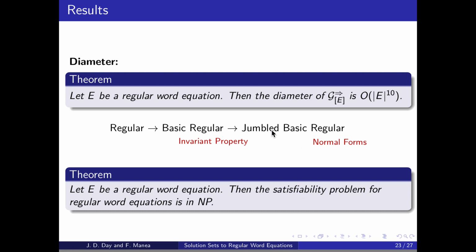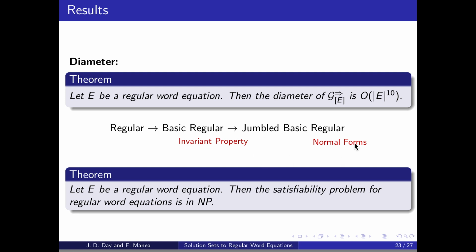This is a much more restricted class of regular equations, and in this case we can show that every node in the graph will be a polynomial distance away from some sort of normal form, and there are polynomially many possibilities for these normal forms, which we show using some invariant property introduced for the basic regular equations.